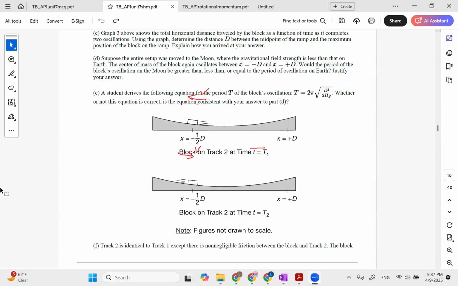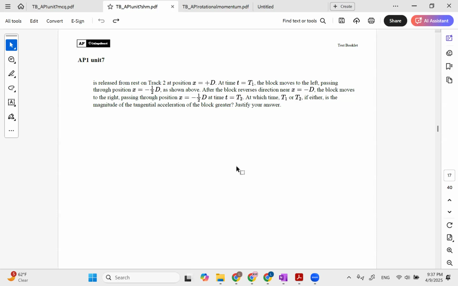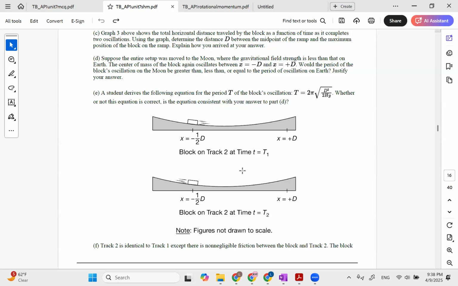So remember it was T1, T2, right? Try to see how to compare in this case. Wait, can I see the graph again? Okay.